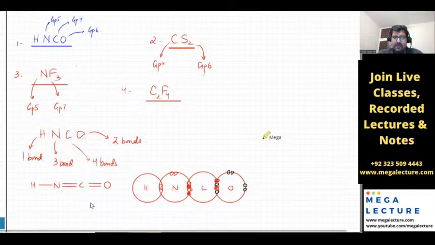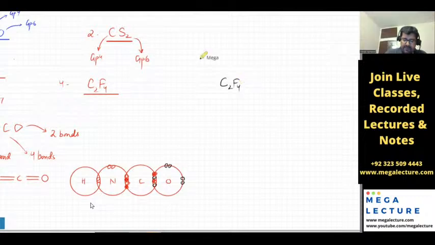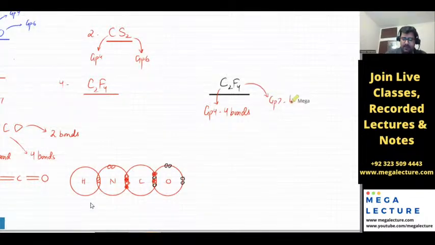Just similarly, we can try C2F4. ठीक है, let's try C2F4. Okay, what happens in this? Carbon is group 4, right? So it's supposed to make 4 bonds. Fluorine is group 7. So it will only make 1 bond.